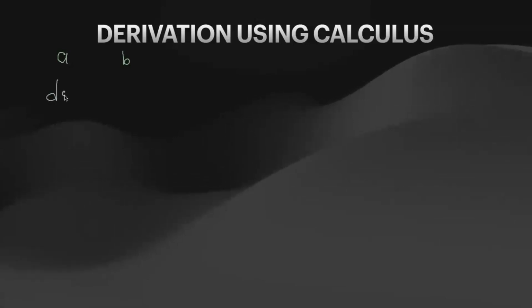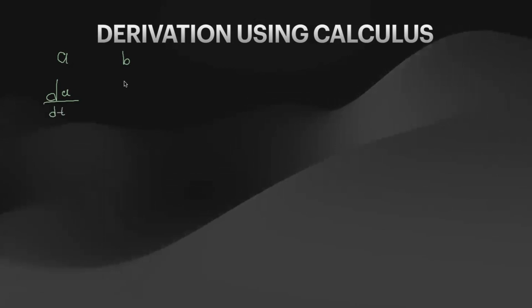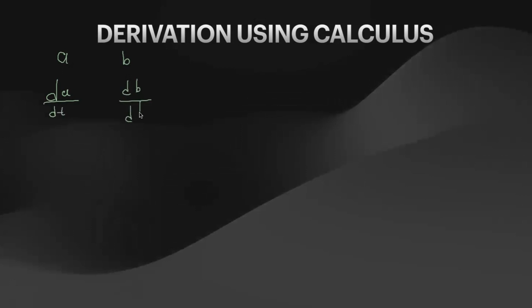Assume I differentiate A with respect to time, dA by dt. I differentiate B with respect to time. What do I get? dB by dt.